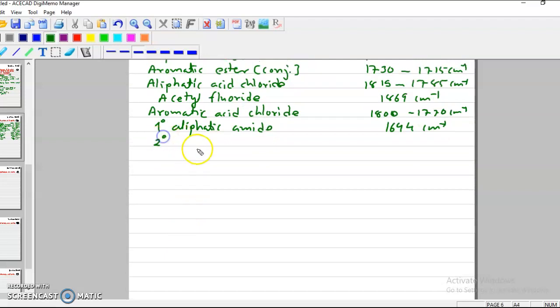For secondary amide, the signal is at 1640 cm⁻¹. And in case of tertiary amide, we observe a band in 1680 to 1630 cm⁻¹.